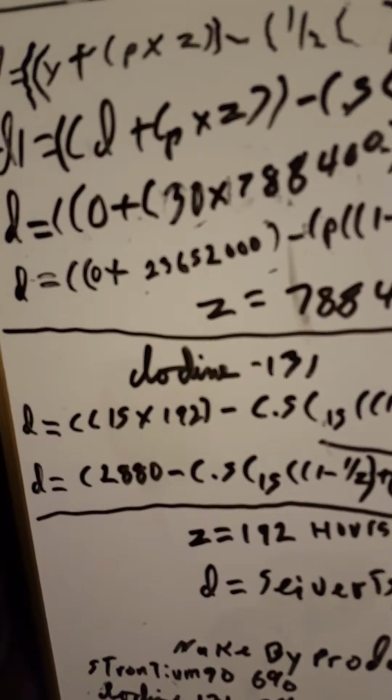Now that 30 there came from this figure down here, the 500 figure of sieverts per hour from reactor number 2. Well, we go down here to this figure and we find out strontium 90 has a 6% existence rate, meaning 6% of the nuclear byproducts from the fission is going to be strontium 90.